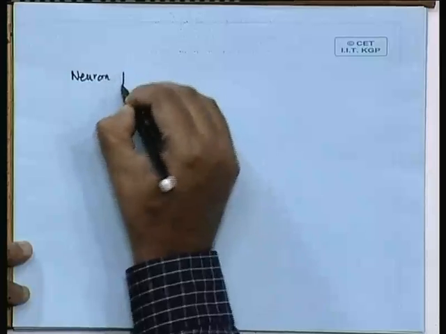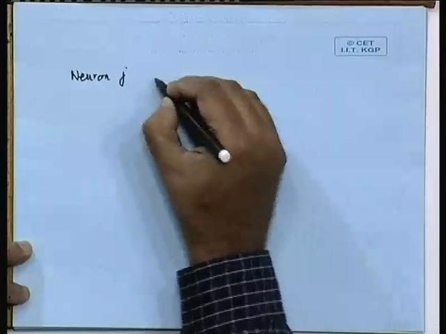So, what we took was the jth neuron. Take any neuron of the system, and let us say that we take the output neuron only. We take any one of the neurons from the output layer, and let us say that we take the neuron j, at the iteration number n.